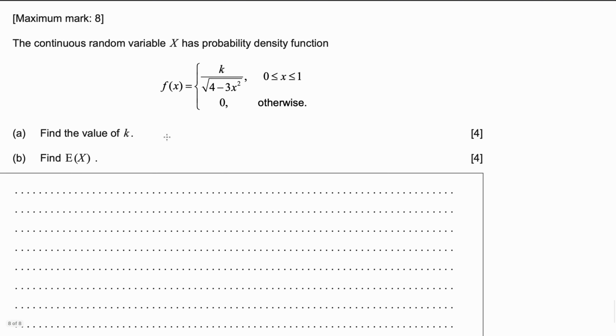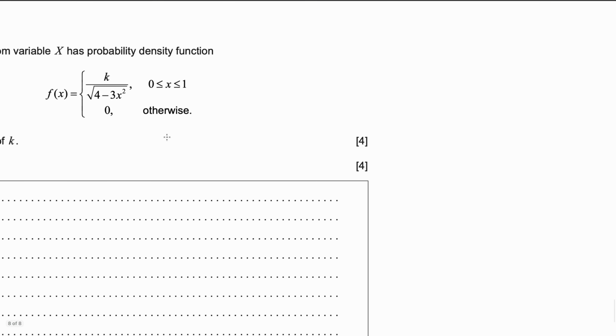Okay, so the procedure to find k itself is rather easy. You just have to solve for the integral of f of x equal to 1, because this is a probability density function, and so the probability will equal 1.